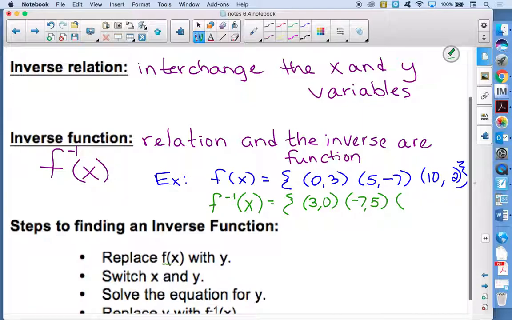Yeah, that's all you have to do to find an inverse. So it's literally interchanging, switching, flipping the x and the y values. It's not making one positive and one negative, because that's not really switching x and y. So to find an inverse function, literally you take your ordered pair, you flip it around, and then you have the inverse.